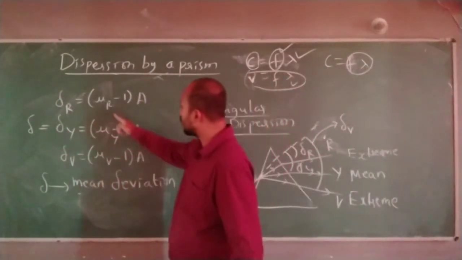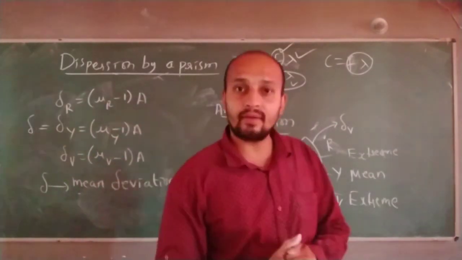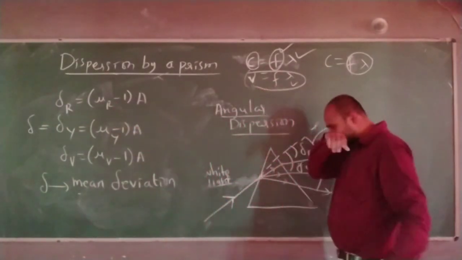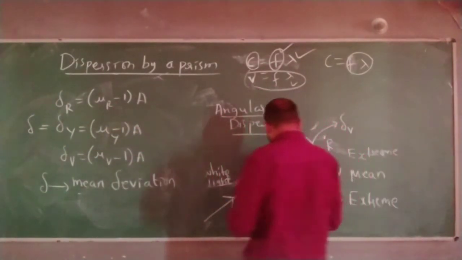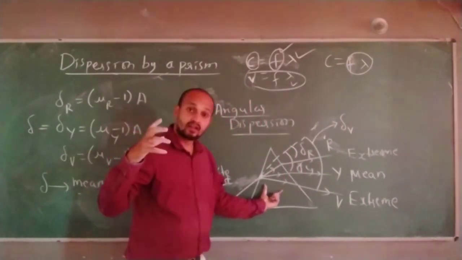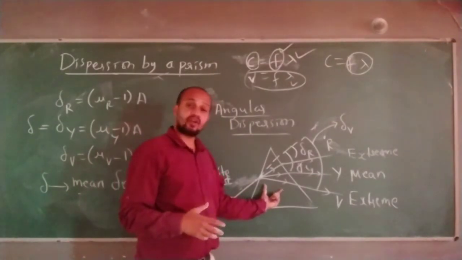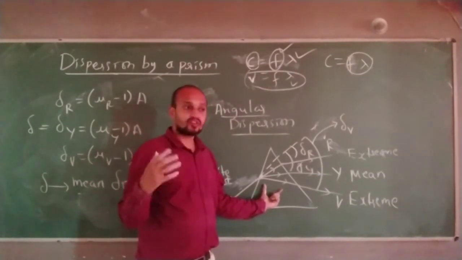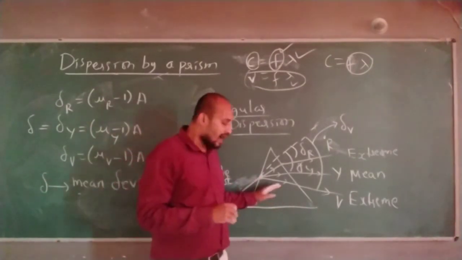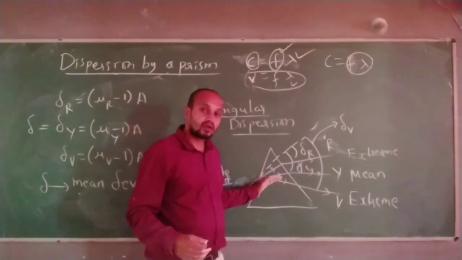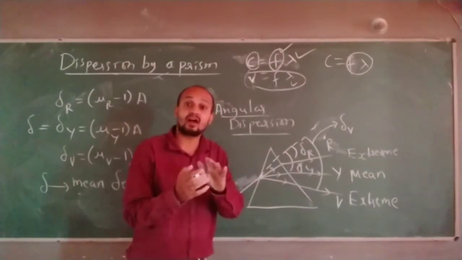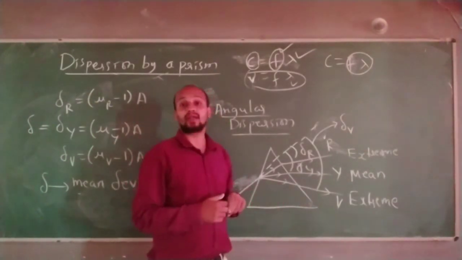You have not understood what μR, μY and μV are. If you look at this prism, the property of refractive index and the property of dispersion, we cannot bring up a relation between them very easily. What I am trying to tell is, if high refractive index is there, don't think that dispersing of light will be more for that type of material.